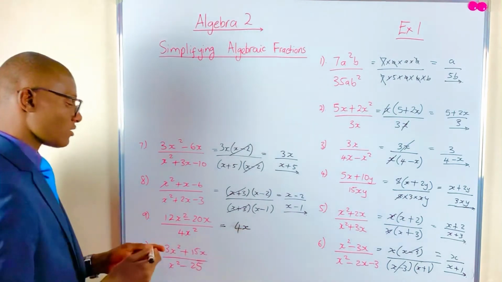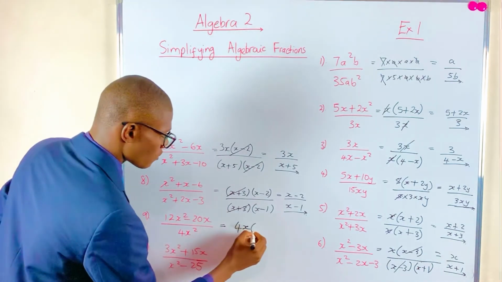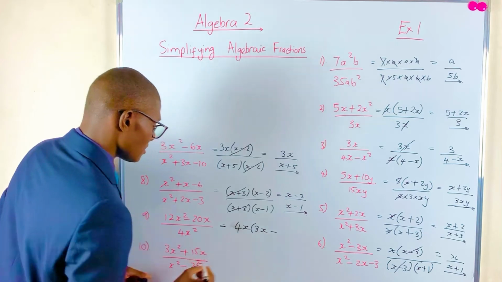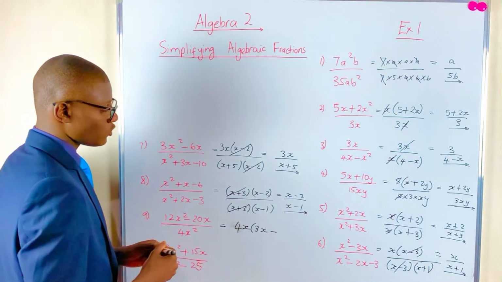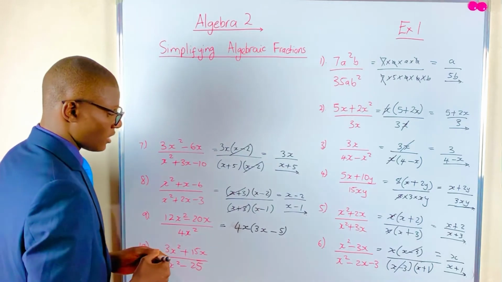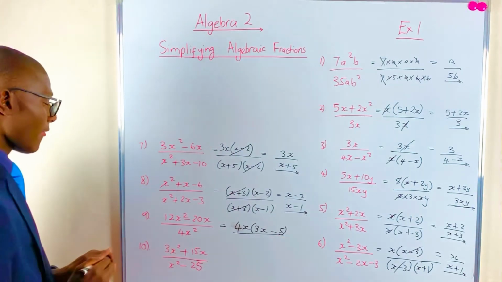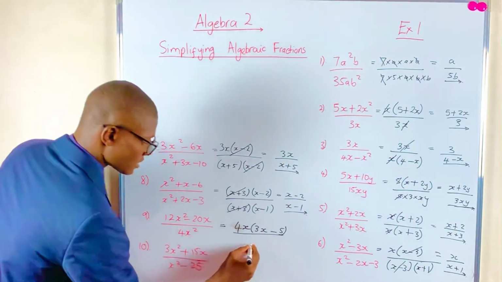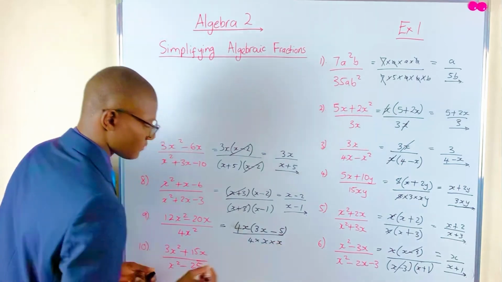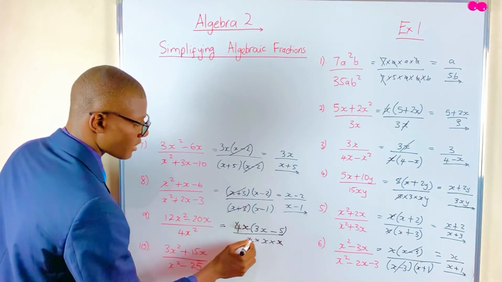So we can factor out 4x, such that 4x into 12x squared, we get 3x, then minus 4x into 20x, we get a 5. And then this would be over 4x squared, which is just 4 times x, such that this x and that x will cancel, that 4 and that 4 will cancel.